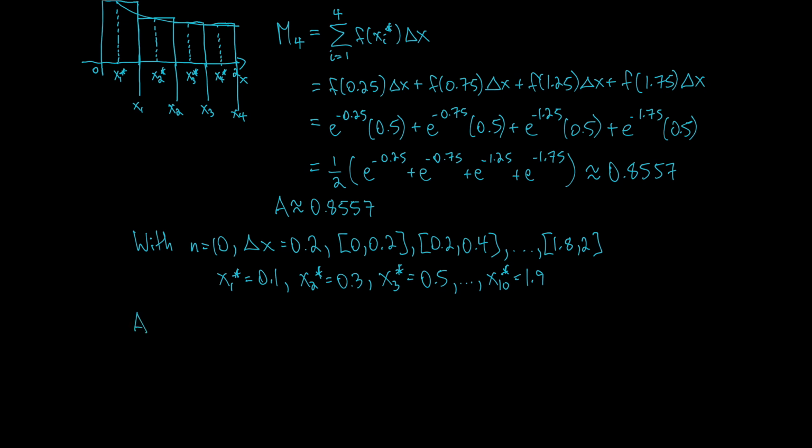So now we can approximate our area using our midpoint estimate for 10 subintervals. So that's f of 0.1 times delta x plus f of 0.3 times delta x plus f of 0.5 times delta x, and so on, until we get to f of 1.9 times delta x.